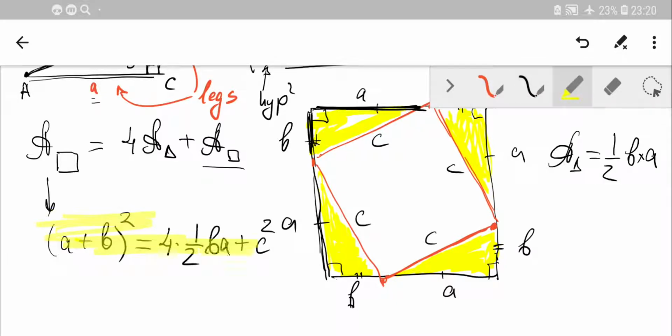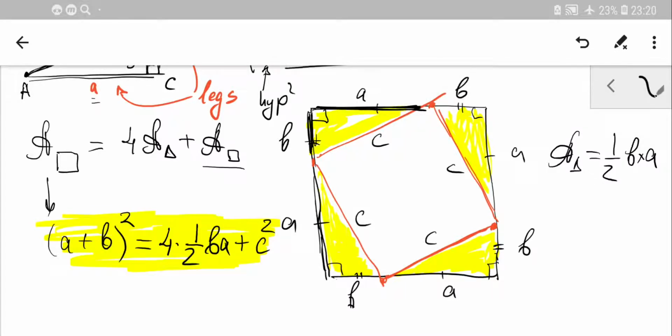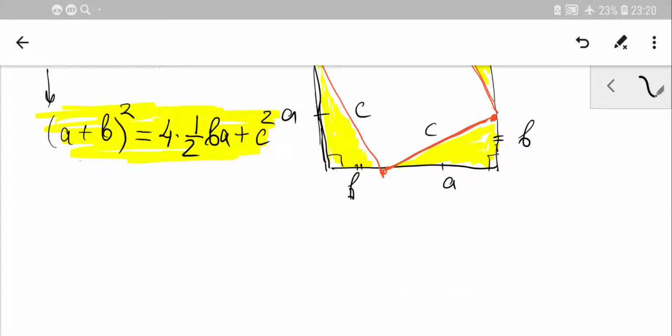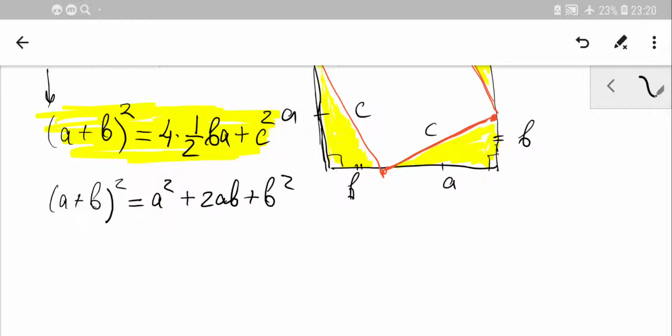All right, let's do it. So now the only thing that we need to do is just simplify. Okay, so here a plus b squared, you can use the algebraic rule, right? A squared plus 2ab plus b squared. For those who don't know that, they can simply multiply two identical brackets.